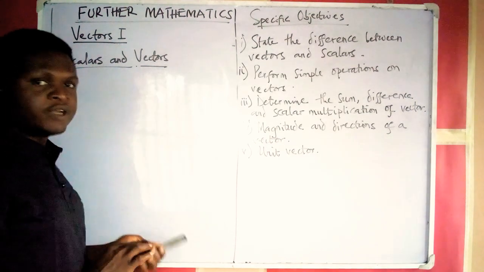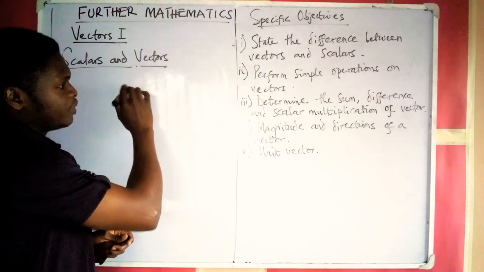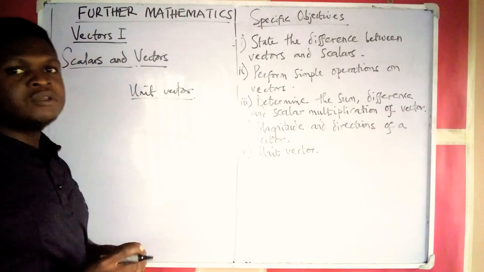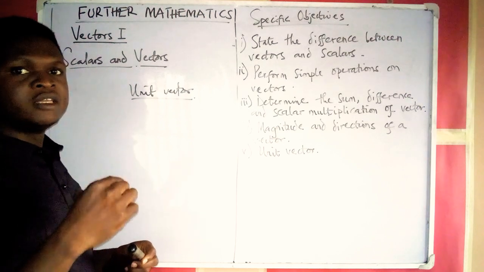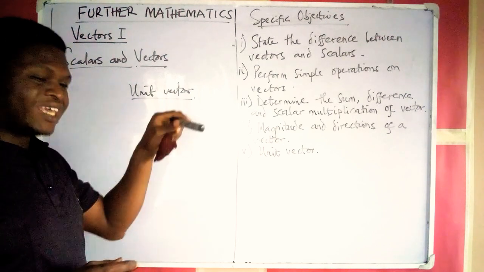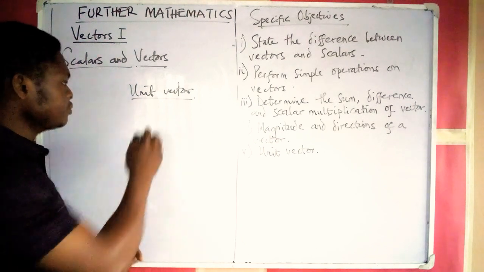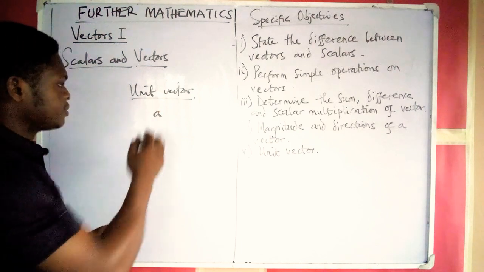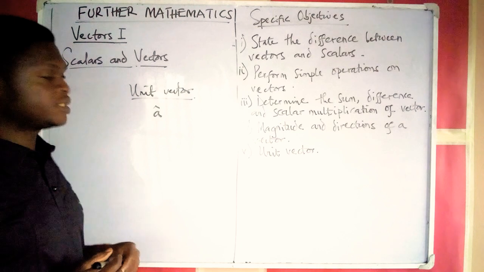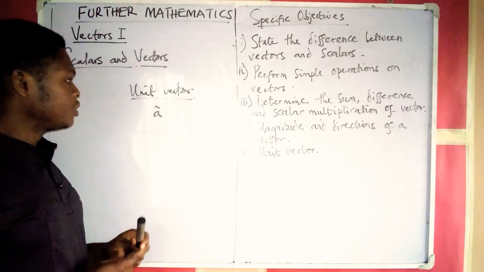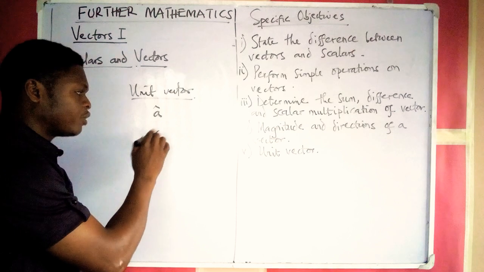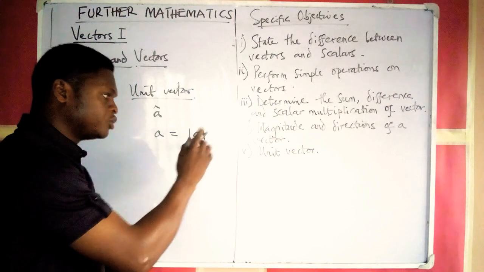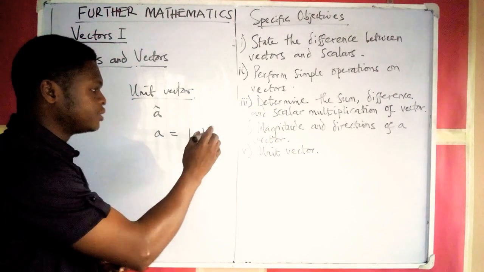Alright. Then the final thing we will look at is what we call unit vector. What do we mean by unit vector? A unit vector in the direction of a given vector, let's say vector A, is written as A cap, that is, having a cap on top of A, such that this vector A can be obtained as the product of the modulus or magnitude of that vector and the unit vector.